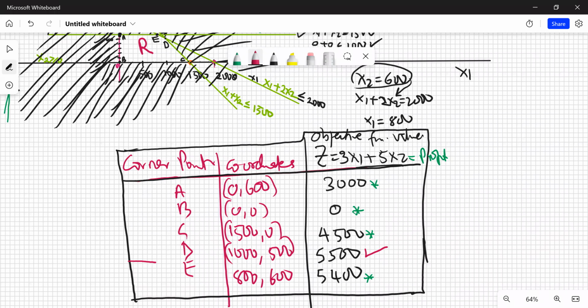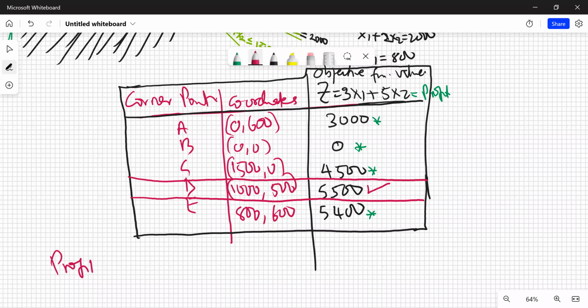So we say that profit is maximized when 1000 units of X1 and 500 units of X2 are produced.